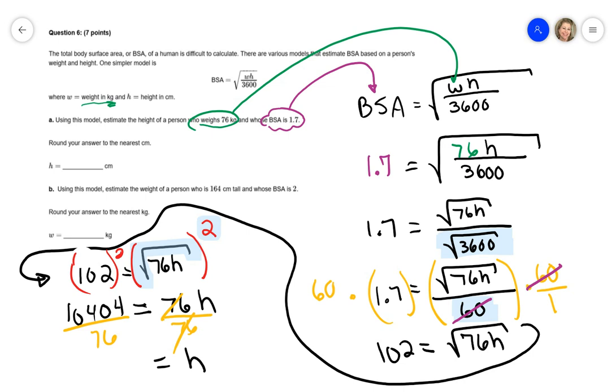Oh, round your answer to the nearest centimeter. I'm getting 136.8 and so on. The nearest centimeter would be the 6, and since that's an 8, it's going to go up to 137. All right. Now that's just part A.